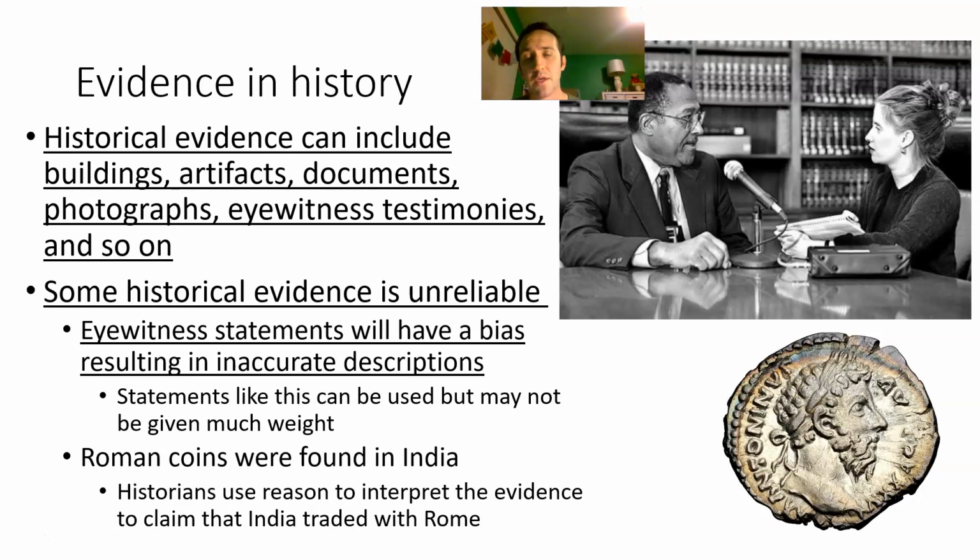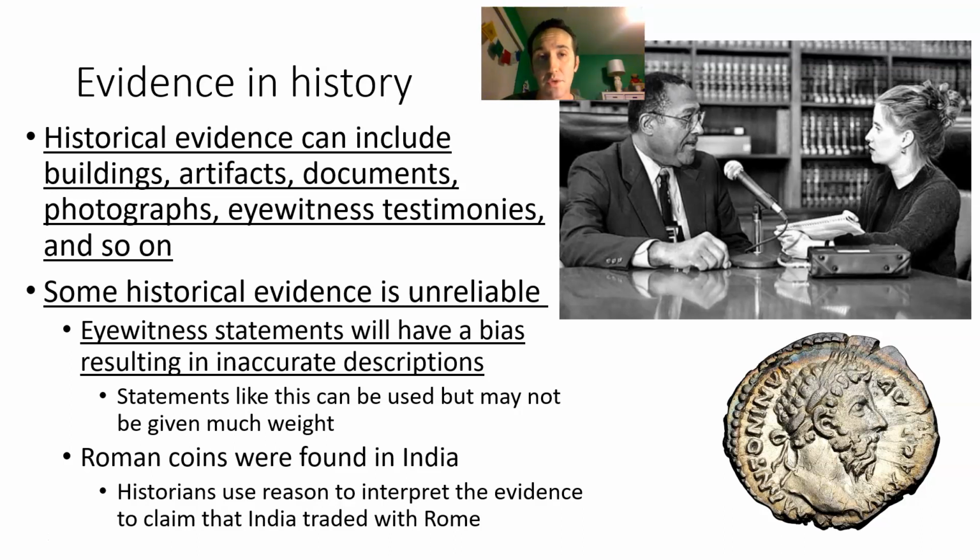Evidence in history. Historical evidence can include a lot of things. We can use buildings, artifacts, documents, photographs, eyewitness testimonies, and so on. Anything that a human has touched, we can use as evidence to tell the story of that human at that time. It's not all perfect. History is difficult at times because people are going to have different interpretations of the same evidence.